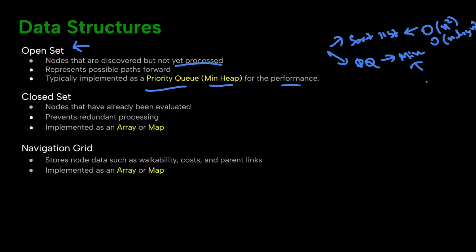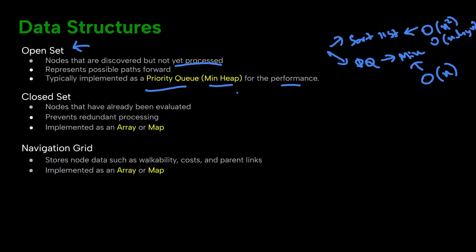But for the priority queue, in the worst case it has O n time complexity, which is linear time complexity, relatively much faster than the sorting algorithms. So that's why we have to use efficient data structures for the performance of the A star pathfinding algorithm. Because the A star pathfinding algorithm will be called many times during gameplay.